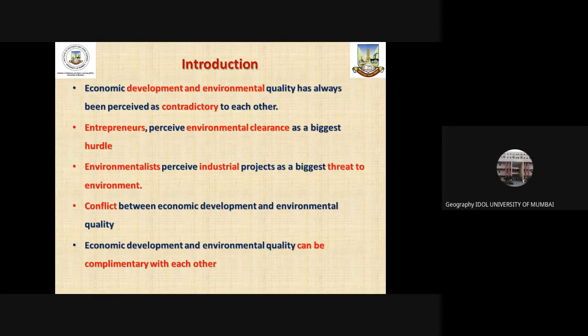Let us now have a brief discussion on how industrial growth is responsible for environmental problems. The growth of industries is an indication, or an important parameter, of economic development.